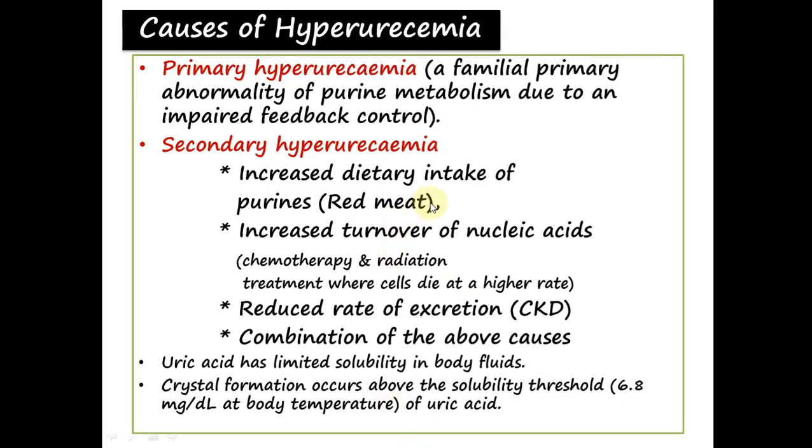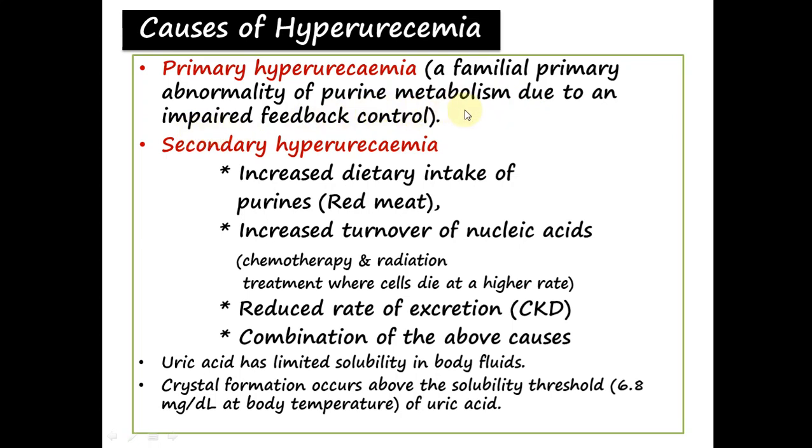Now, hyperuricemia, or elevated level of uric acid in the blood, may be either primary hyperuricemia, in which the cause of hyperuricemia mostly is unknown, and probably there may be a familial primary abnormality in the purine metabolism due to an impaired feedback control.